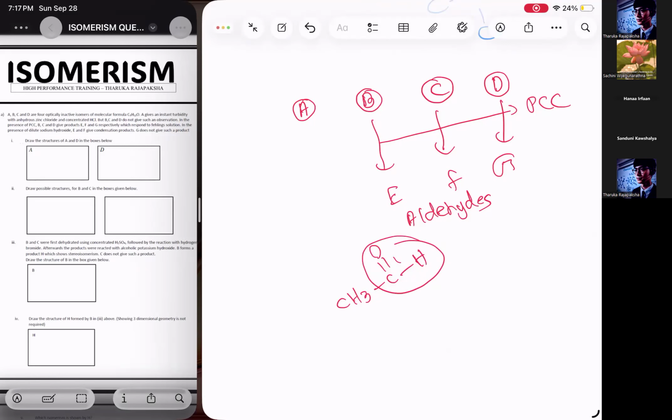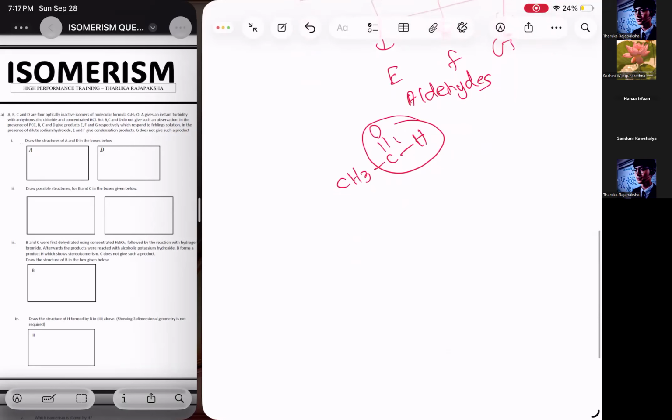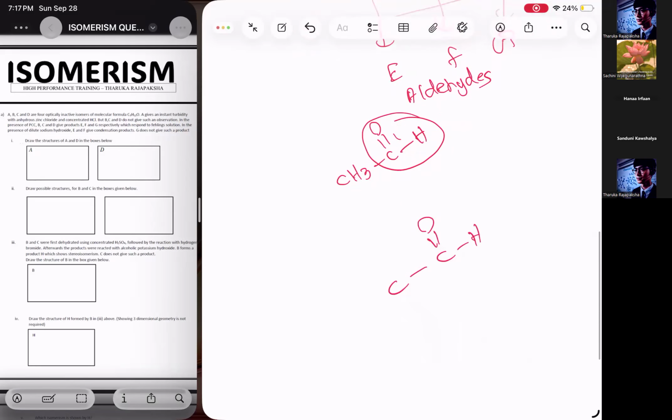You know what is condensation? Aldol condensation. Who cannot give an aldol condensation? If the aldehyde is attached to a carbon that has 3 carbon atoms bonded to it, it cannot undergo condensation.